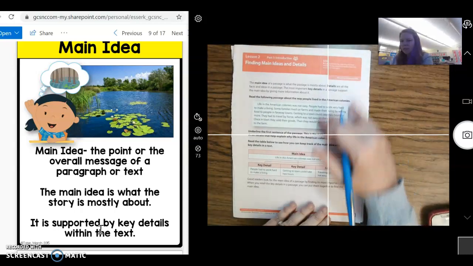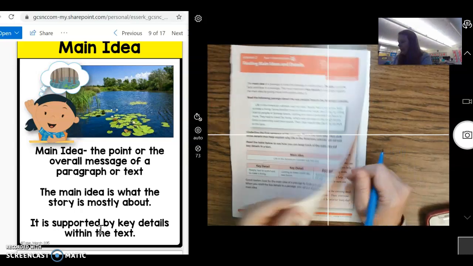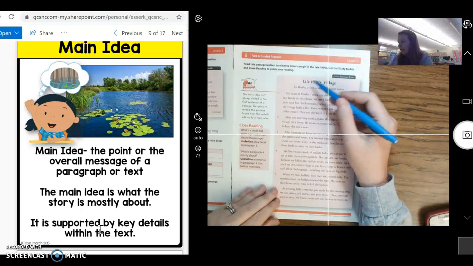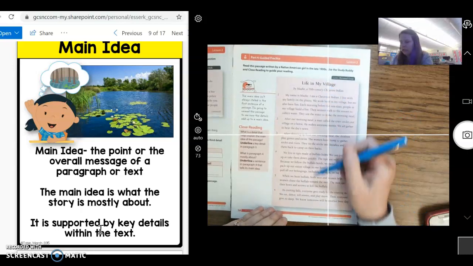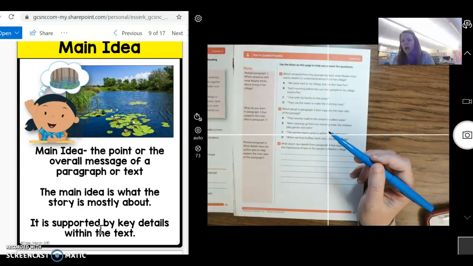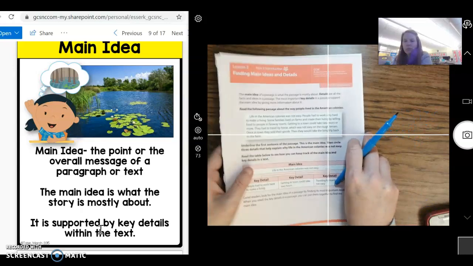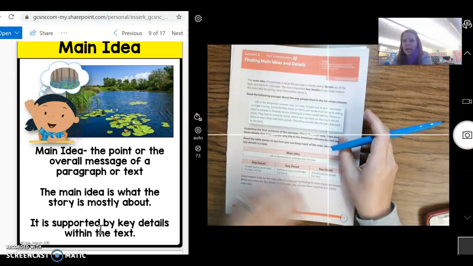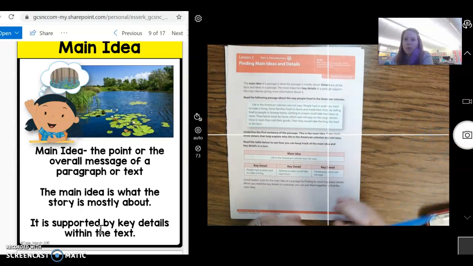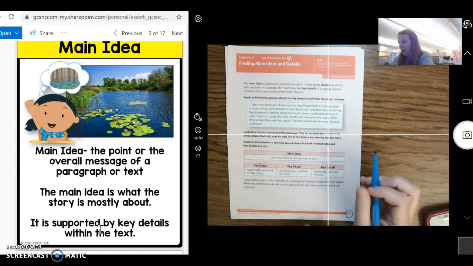We're going to do a few of these together, and then you are going to be reading the story Life in My Village, and answering a few questions independently. The way that you will submit this assignment is you will take a picture with your iPad, and then send it to me in Canvas. Okay, so here we go.